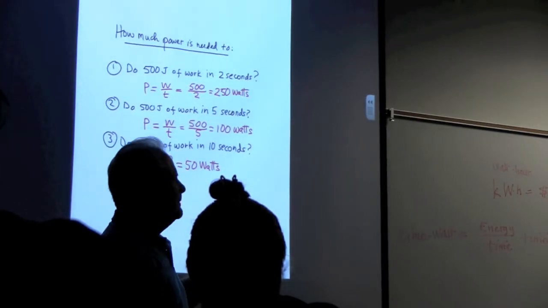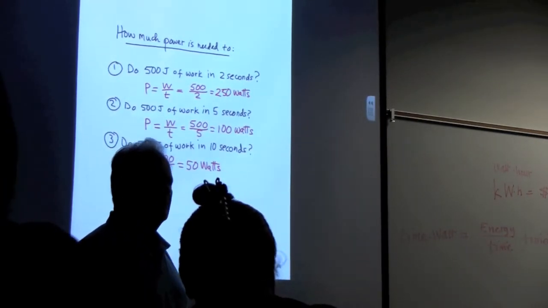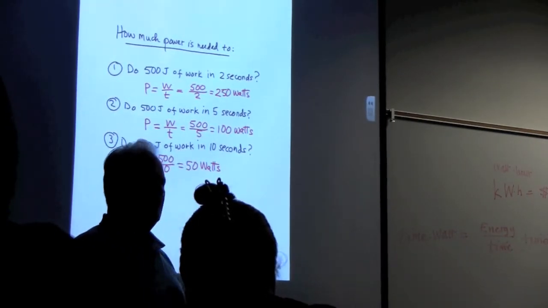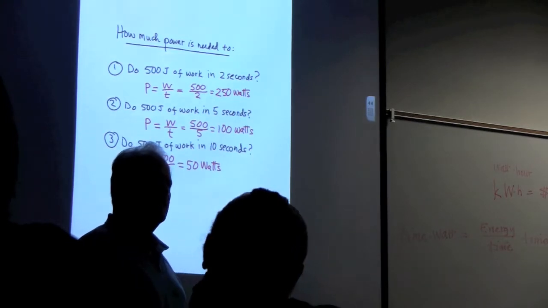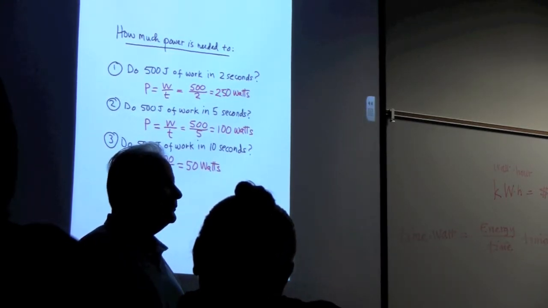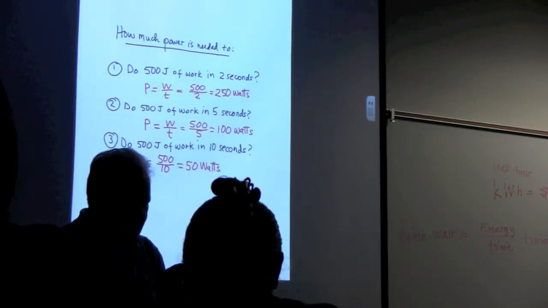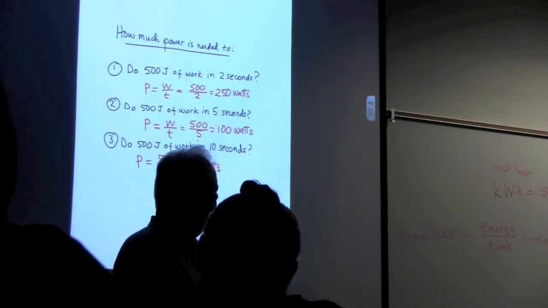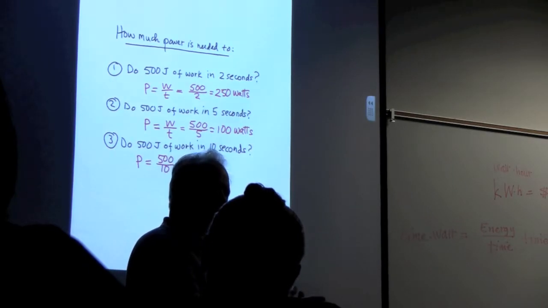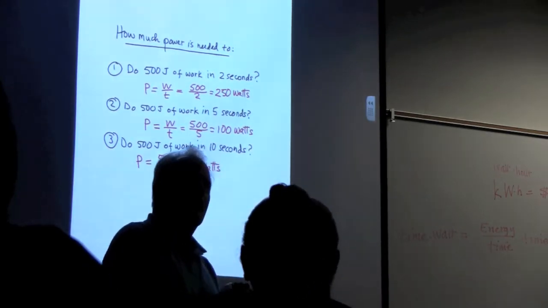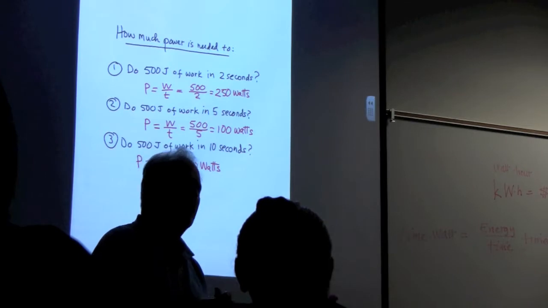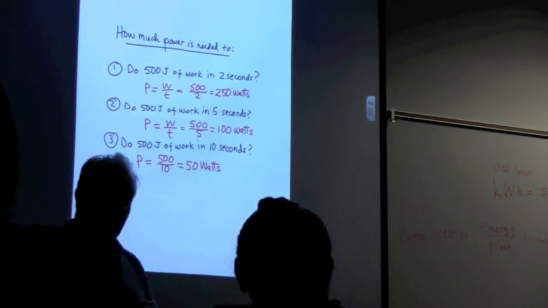Some people say, that's my electric power bill. No, it's not. That's the energy bill. Do you think Exxon Mobil cares how fast or how slow you use their gasoline? They don't care. They just know every time you need a gallon, you're going to pay $1.75 or whatever it is for that. If you run a car that burns up the road and gets 10 miles to the gallon, they don't care.